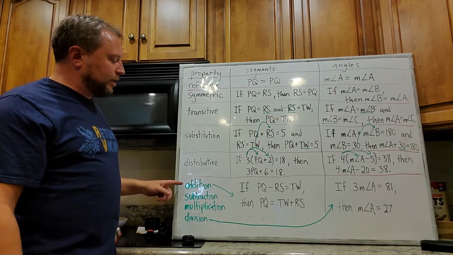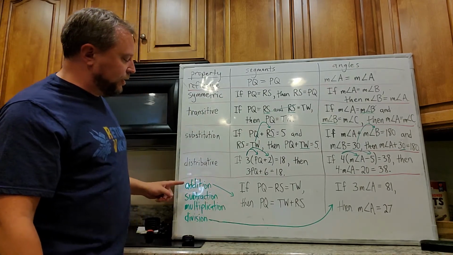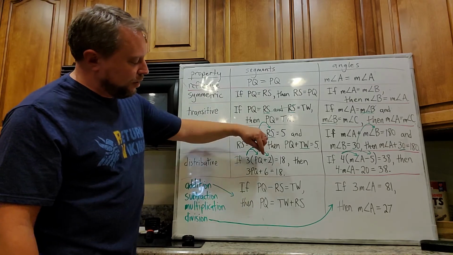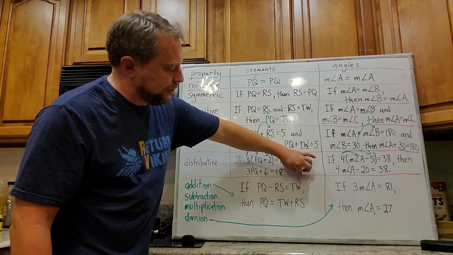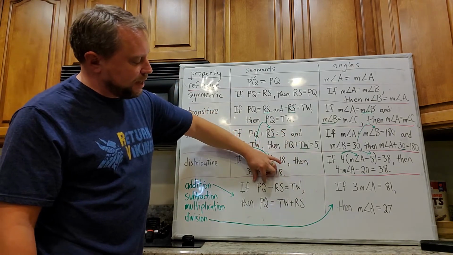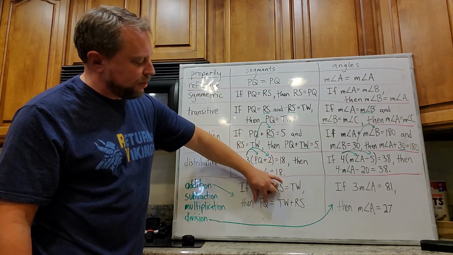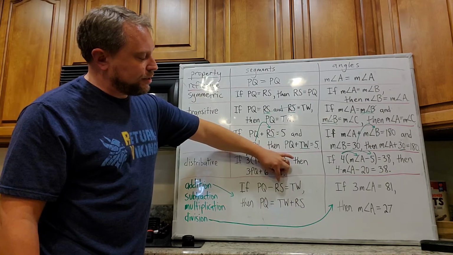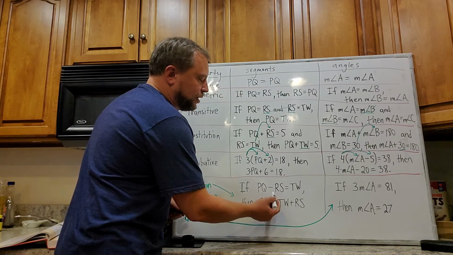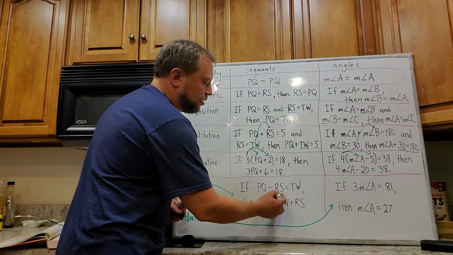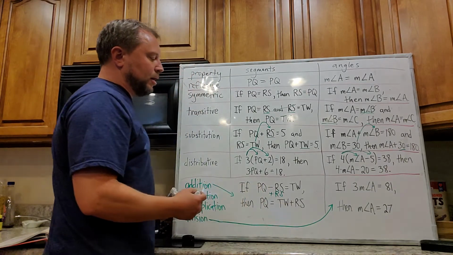So I gave an example of, for example, the addition property right here. Suppose we already knew that P cubed minus RS equals TW. And let's say I wanted to get this P cubed by itself. So I would get rid of this RS by doing the opposite. Instead of subtracting an RS, I would add an RS.